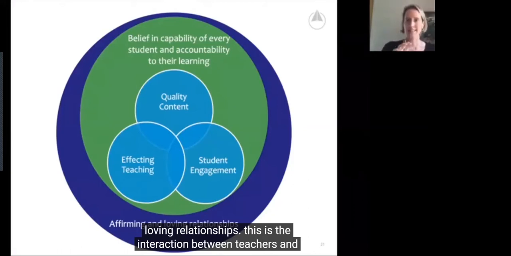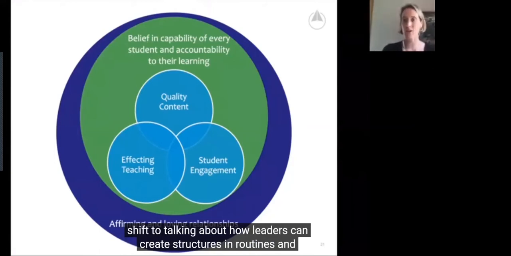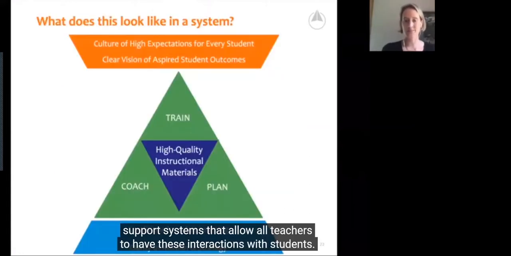This is the interaction between teachers and students that forms the heart of effective personalization. Now we want to shift to talking about how leaders can create structures and routines and support systems that allow all teachers to have these interactions with students.